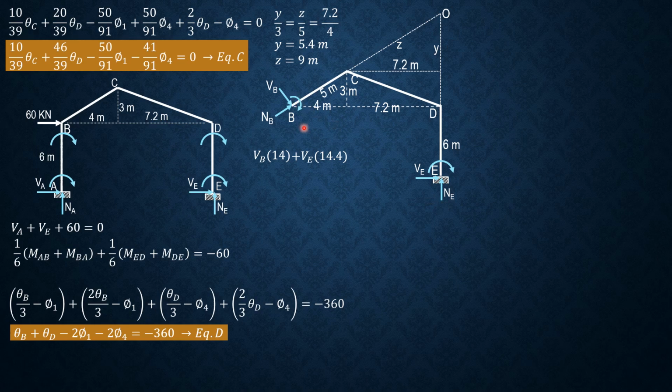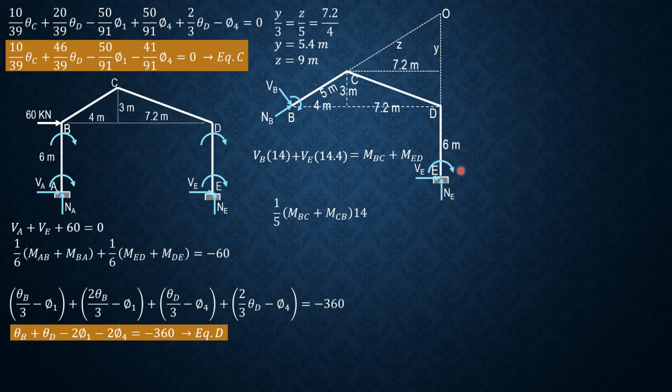So equals MBC plus MED. Substitute the value of V sub B, which is, if you draw the free body diagram on BC, then there is MCB here. So V sub B is 1/5 of MBC plus MCB by experience. So 1/5 of quantity MBC plus MCB times 14. Likewise, if you draw the free body diagram of column DE, there is moment MDE here, which is assumed to be clockwise.